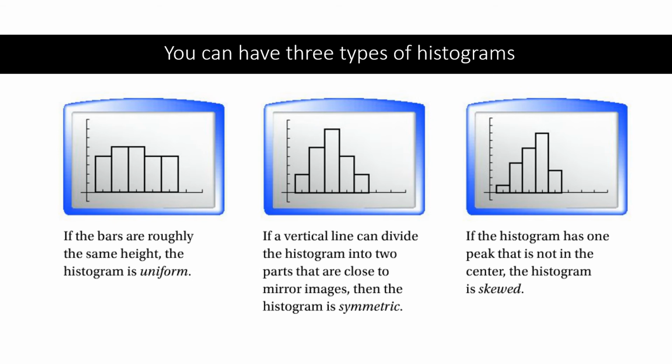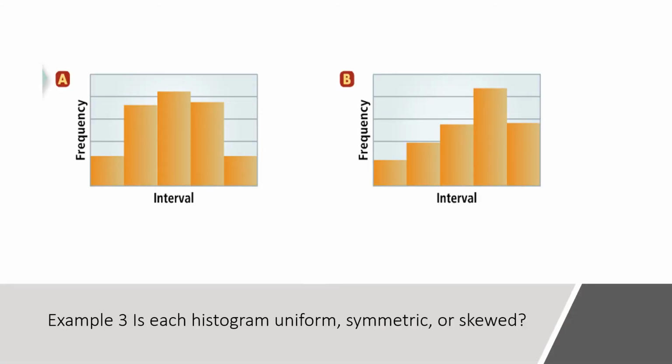All right, so you could have 3 types of histograms. You could have ones that are uniform, you could have some that are symmetrical, and then you could have some that are skewed, so on the left or the right. So example number 3, is each histogram uniform, symmetrical, or skewed? So that first one, it's going to be symmetrical because basically it mirrors the same right down the middle.